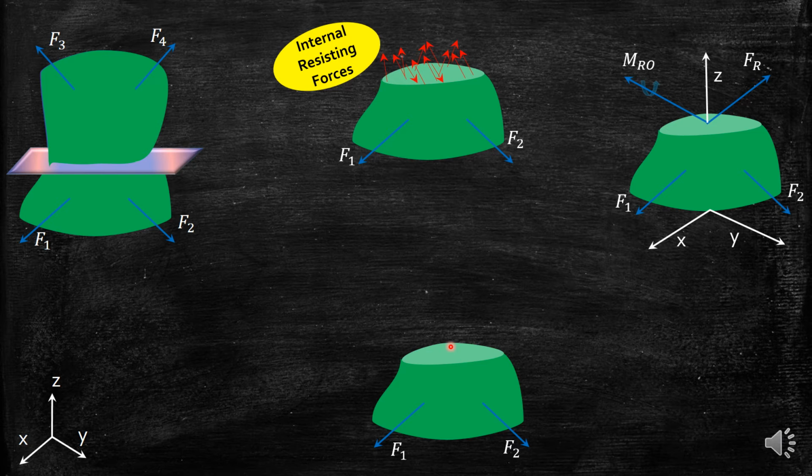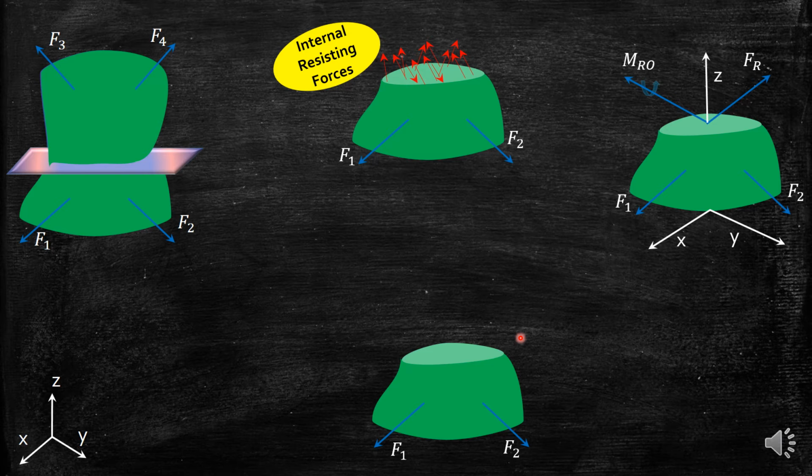The normal force is denoted by N, and the parallel force is denoted by V. By using simple vector addition, we get the resultant force Fr. In this way, I have obtained the resultant force which represents the forces perpendicular or parallel to the cross-sectional area.